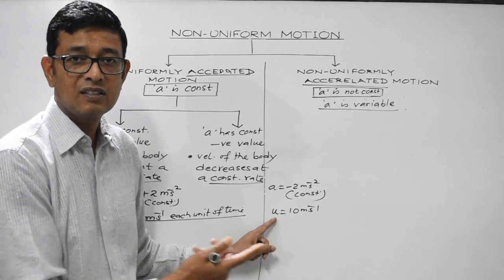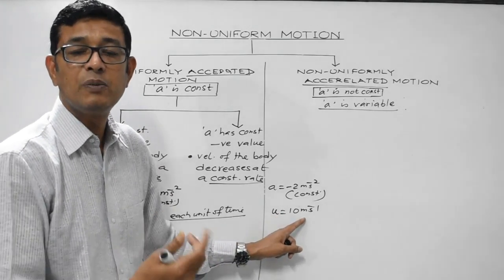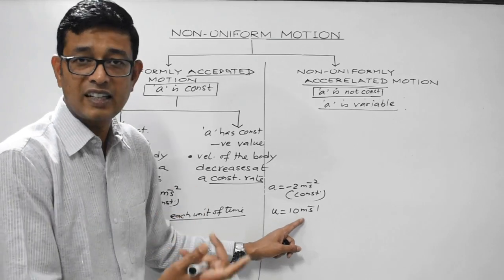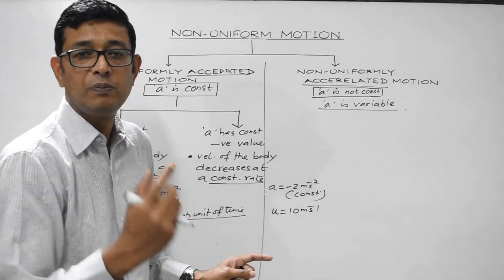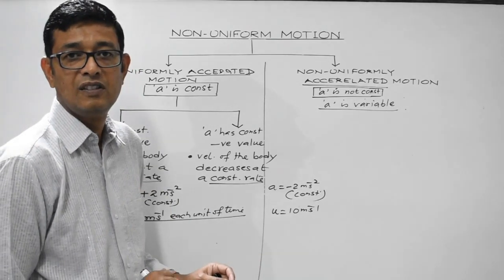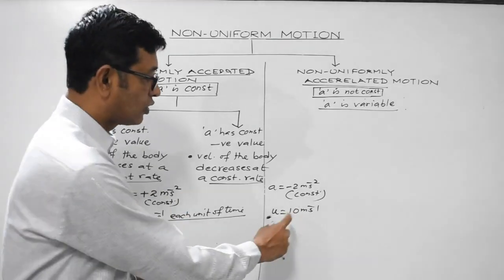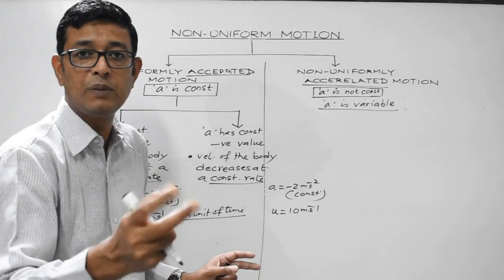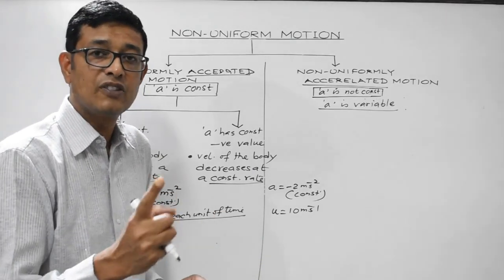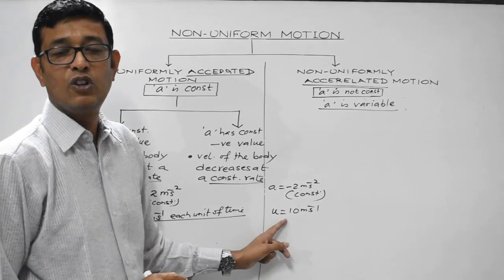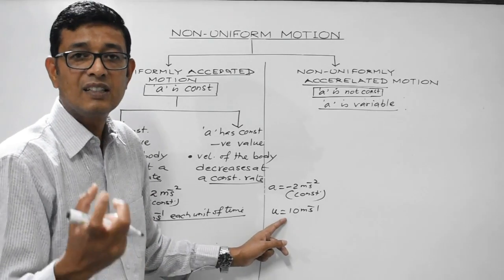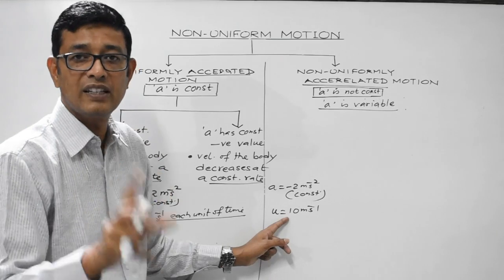After 2 seconds, its velocity would be 6 meter per second. After 3 seconds, its velocity would further decrease to 4 meter per second. After 4 seconds, its velocity will still further decrease to 2 meter per second. And eventually after t equals 5 seconds, its final velocity will become 0, indicating that the body has come to rest.